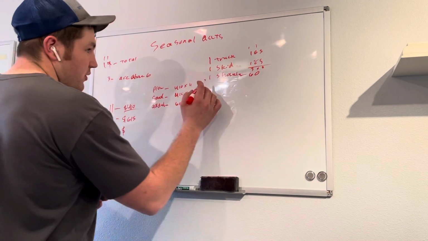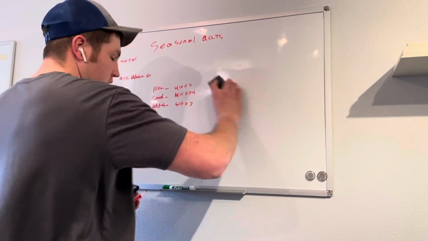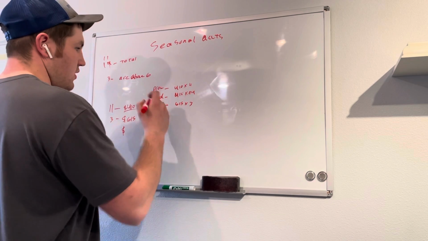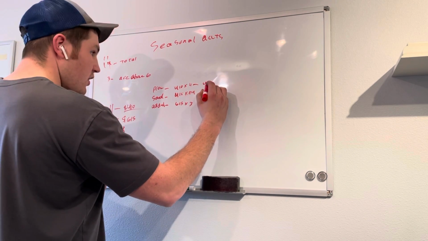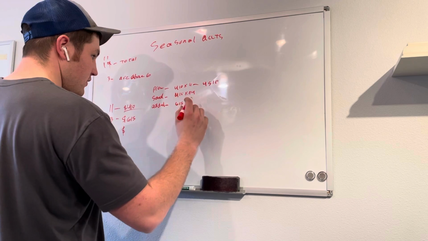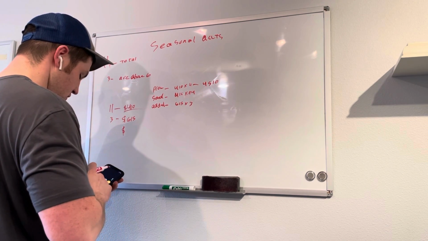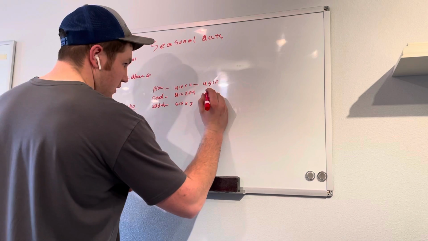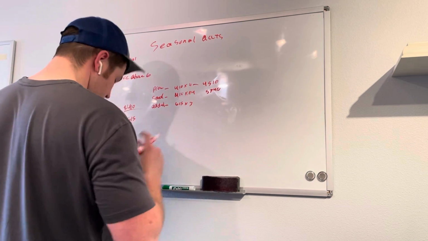But for the plows, I'm actually going to go ahead and wipe some of this off. $410 times 11 comes out to 4,510. The sands are 5,740.